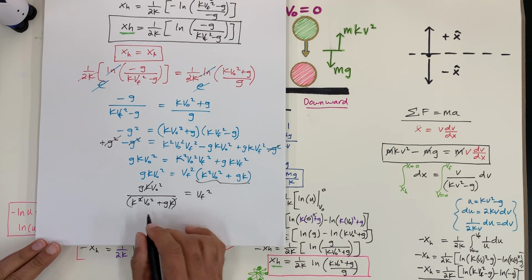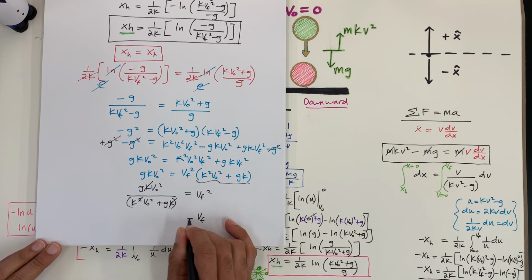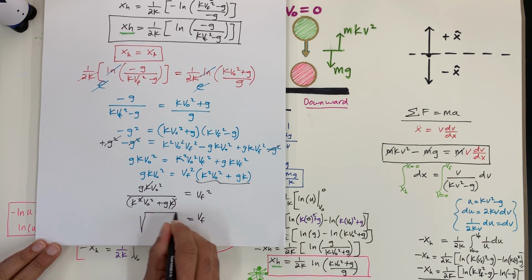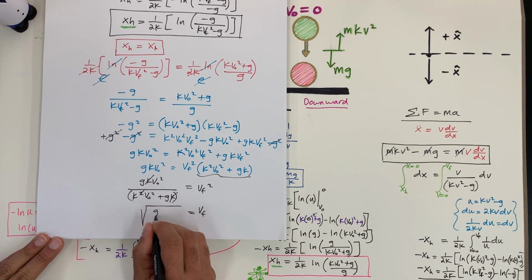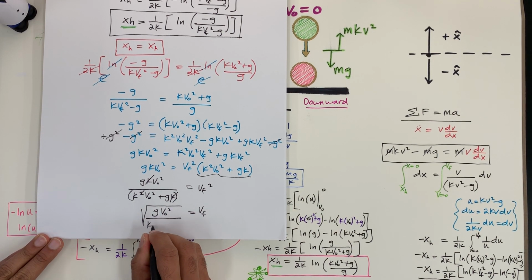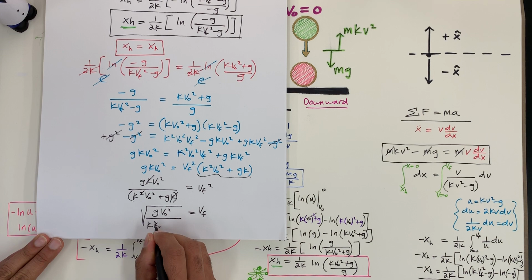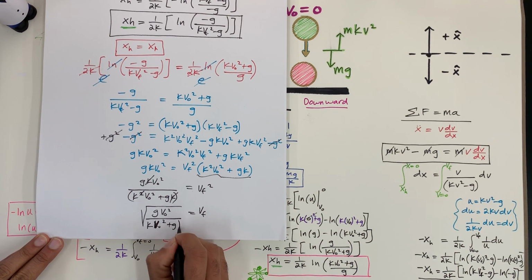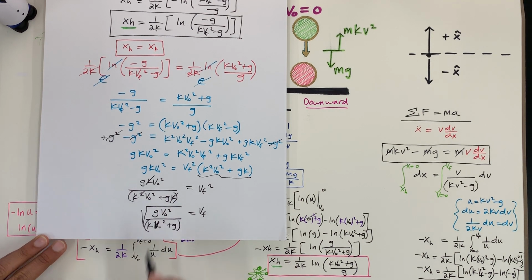And so finally we have v final is going to equal the square root of g v initial squared over k v initial squared plus g on the bottom. Okay, and so that's our answer.